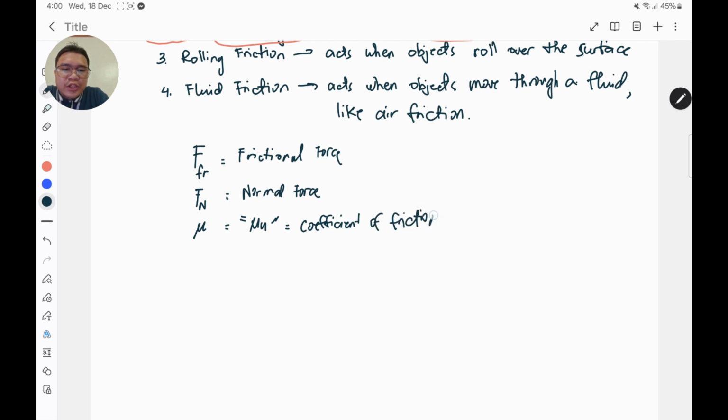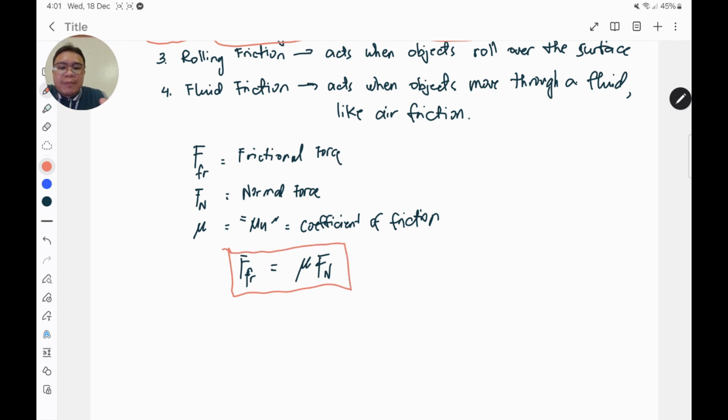In fact, an experimental relationship between these three quantities has been established in such a way that in order for you to get the frictional force F sub Fr, that is equal to the constant of proportionality, which is our mu, times your normal force. This is now the equation to get our frictional force.